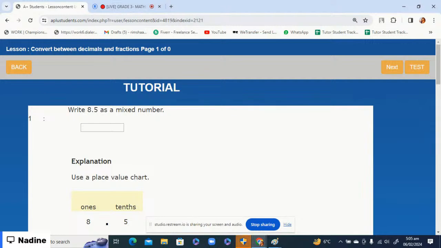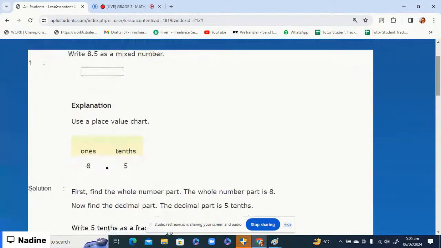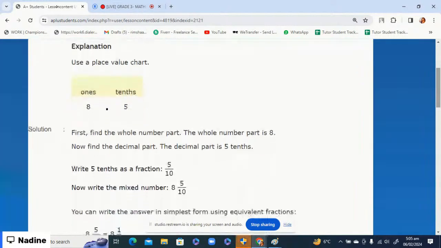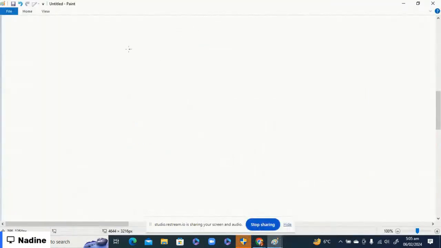So let's discuss the first one. Write 8.5 as a mixed number. Okay, so here is 8.5, and we just need to write it out as a mixed number. First, you need to know, this is the ones place, then tens, then hundreds, then thousands, and so on.